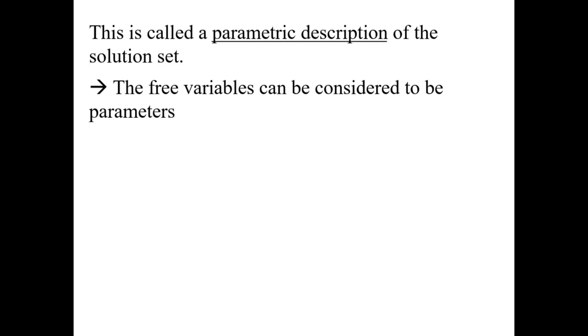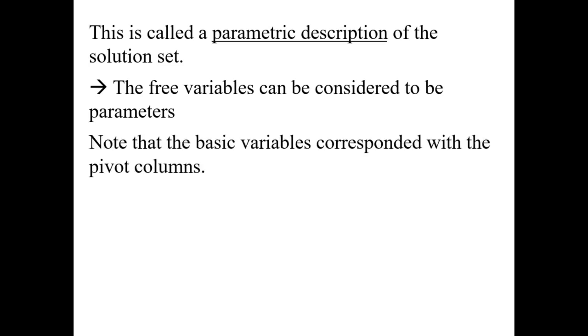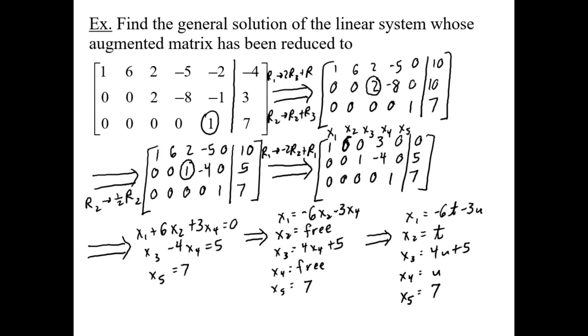Now let's think about that matrix for a second. Notice that the basic variables corresponded to the pivot positions. If this was my x1 column, x2, x3, x4, x5, from the very beginning I recognized that my pivot columns were columns 1, 3, and 5 because that's where my pivot positions are. Well, notice that those variables were my basic variables.